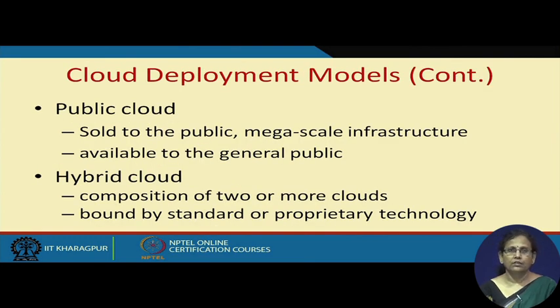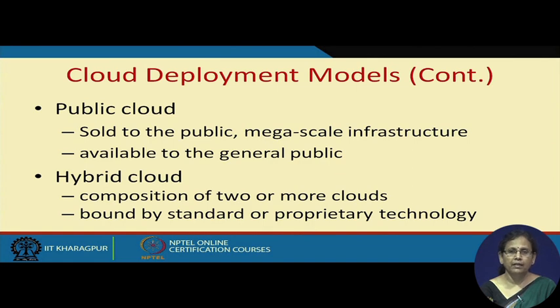Then you have something called a public cloud, which is hosted by some company where anybody can use it. In the first case, only one company has its own cloud. In the second case, a group of companies have their own cloud.